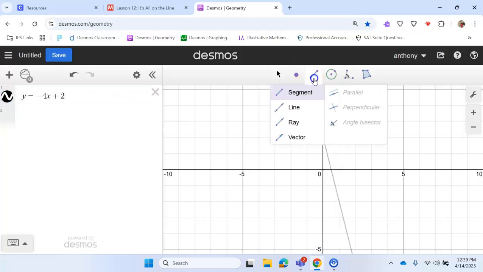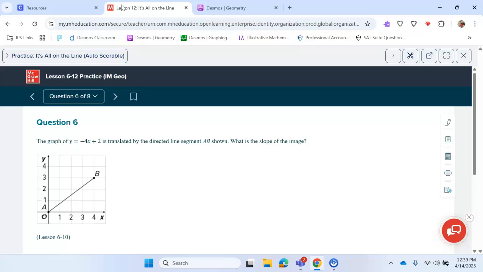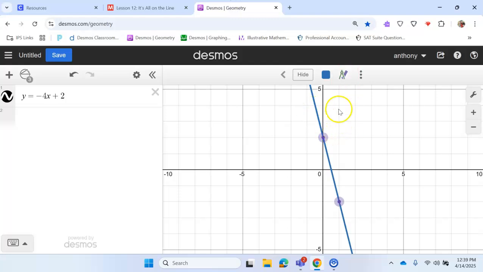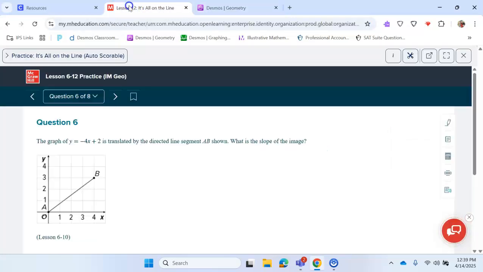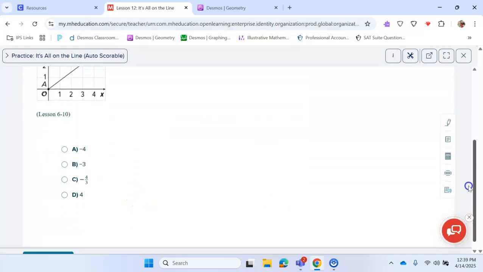If I create that line and translate it by the directed line segment from the origin to (4, 3), you can see the line has the same slope, which is -4.